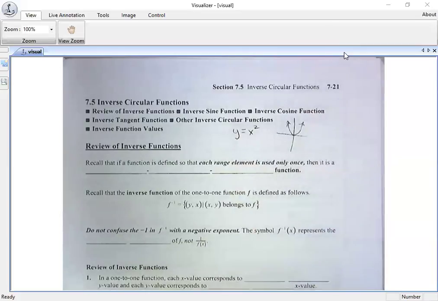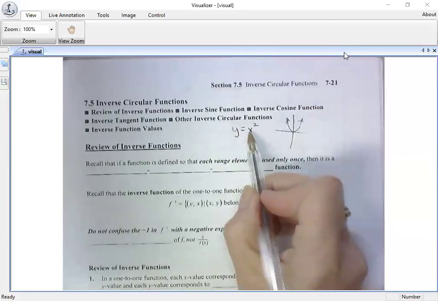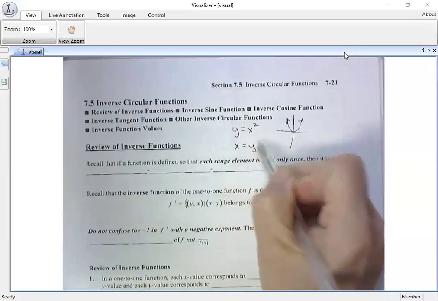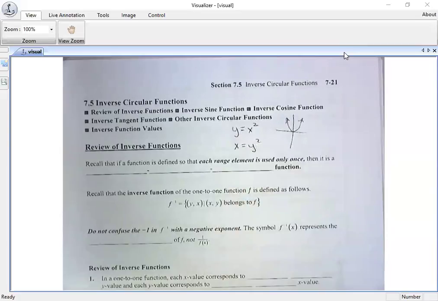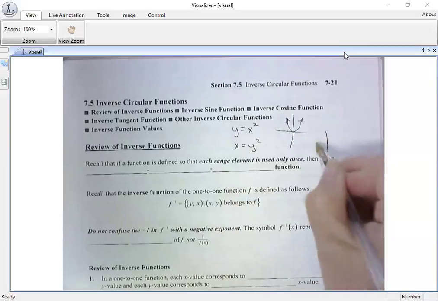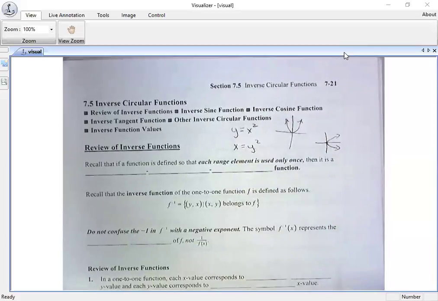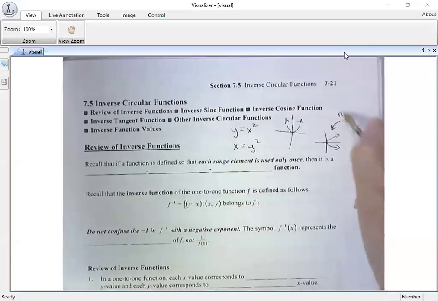But if I try to create the inverse, I'm supposed to switch the x and the y. Is that going to be a function? The answer is no, because if I were to switch these, that's what it turns into. Will it pass a vertical line test? No, that is not a function.